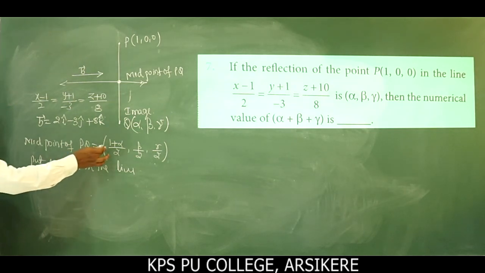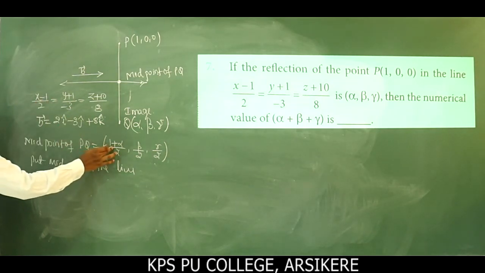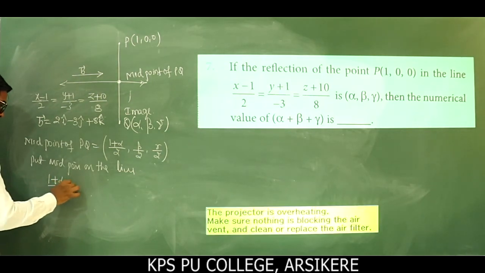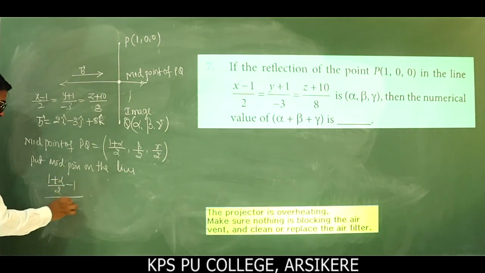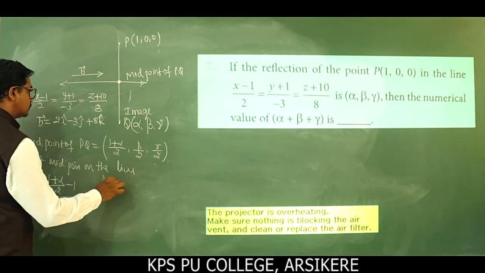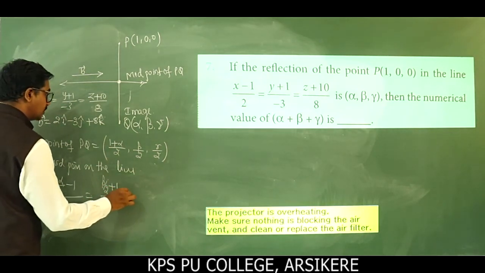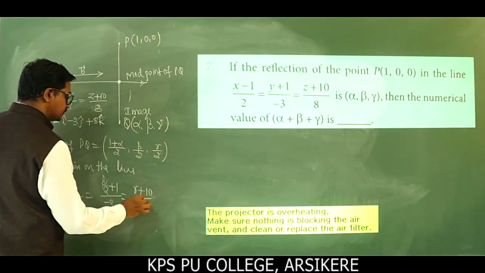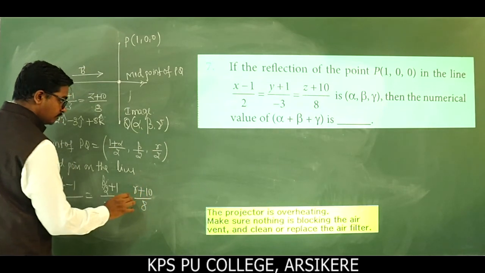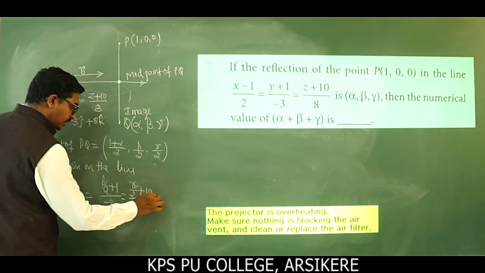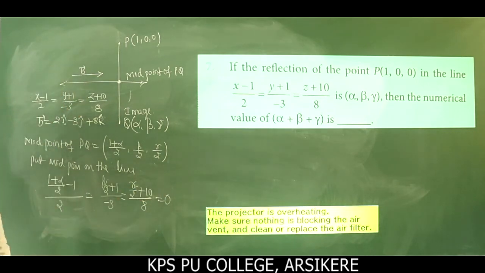Replace x with 1 plus alpha divided by 2. So (1 plus alpha divided by 2 minus 1) divided by 2 is equal to (beta by 2 plus 1) divided by minus 3, is equal to (gamma by 2) divided by 8, which is equal to 0.